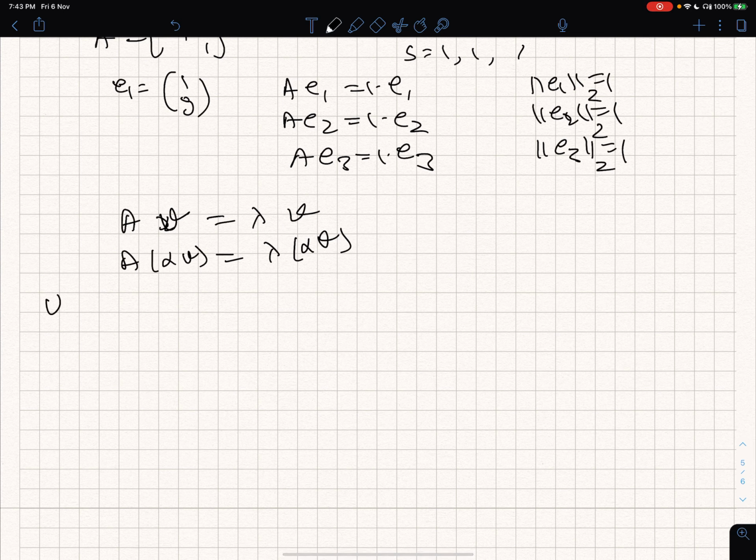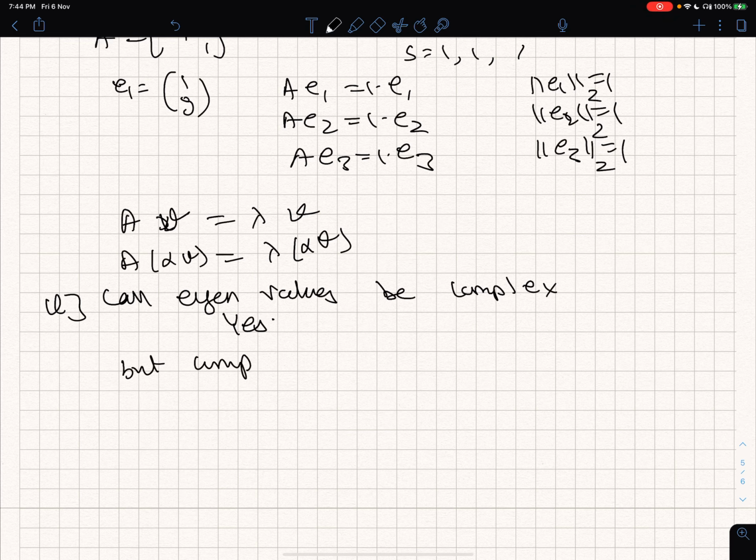Now the next question: can eigenvalues be complex? Yes, why not? But complex eigenvalues arrive only in pairs.